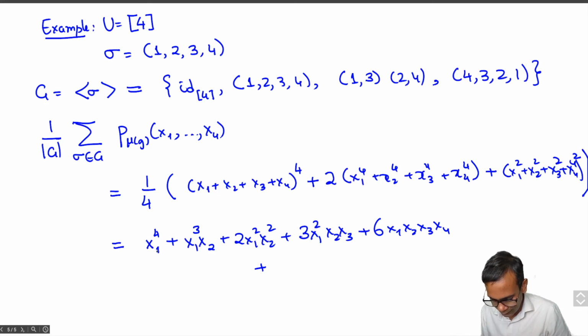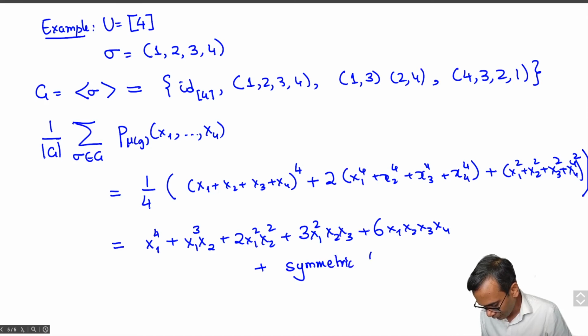So for example, x2 to the power 4 will also have coefficient 1, x3 squared x4 squared will also have coefficient 2, and so on. So what I mean, plus symmetric terms. So add what you need to make this a symmetric polynomial.